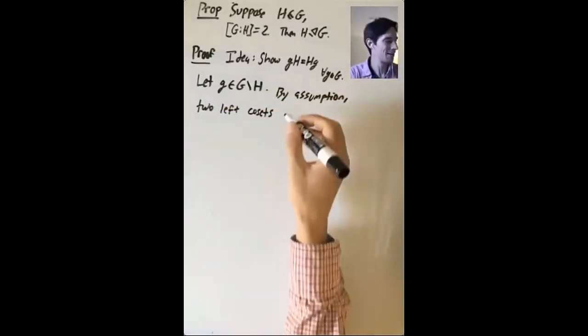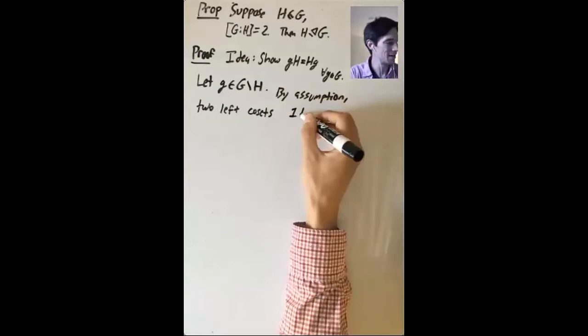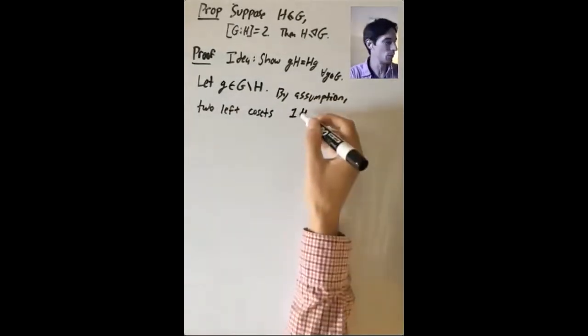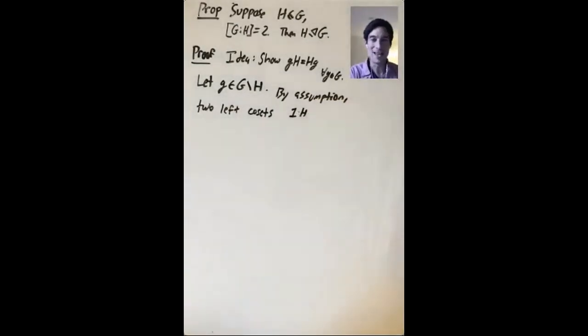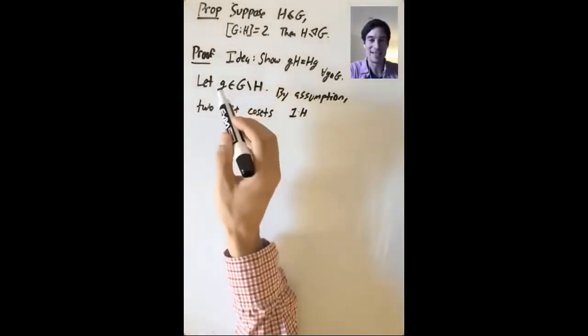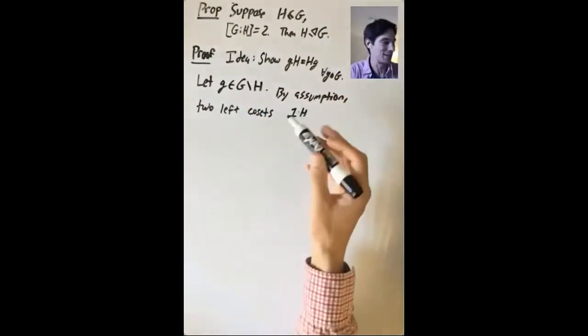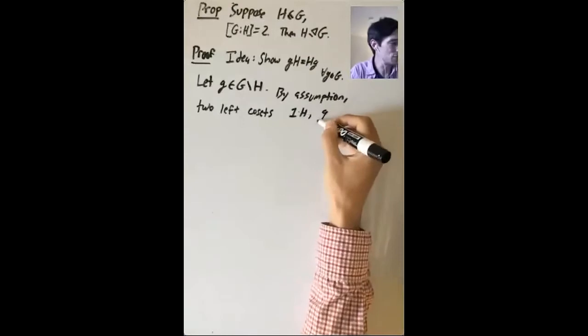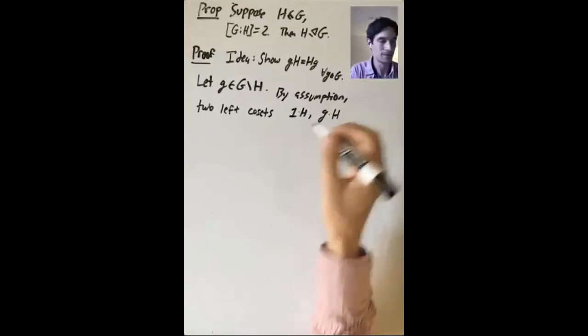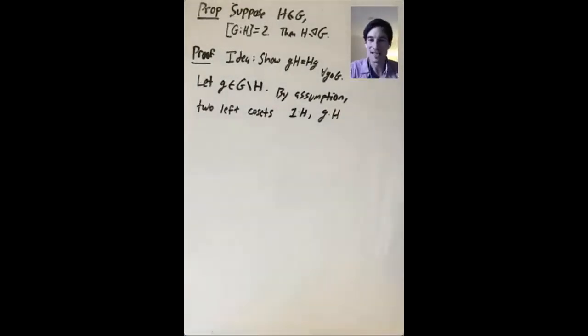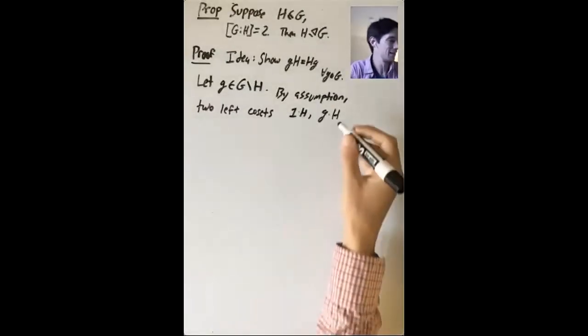So what are they? Well, there's the left coset of H containing 1, which is H. And then this element G is not in that coset because it's not in H. So the other one has to be GH, because it has to be in some other coset, and there's exactly one other choice.